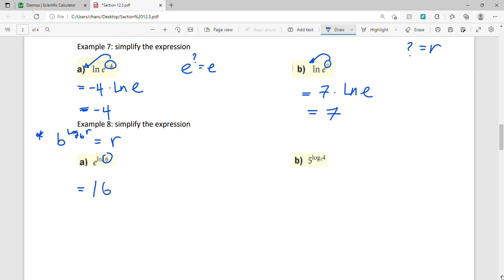We have e raised to the natural log of 16 is 16. In part B, 5 raised to the log base 5 of 4 is equivalent to 4. So don't overthink it on these problems. You can imagine that the base cancels out with the base and you just get the argument left over.